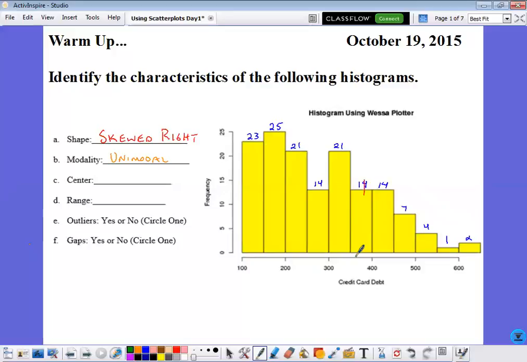So in this case, even though this 600 is at the end, we have another column that's extended further than that. So I'm going to go ahead and write a 650 at that point, just to remind myself that the 600 is not the end. It actually extends further beyond that. And that's going to help us with our range. Our range is going to go from this 100 to this 650.